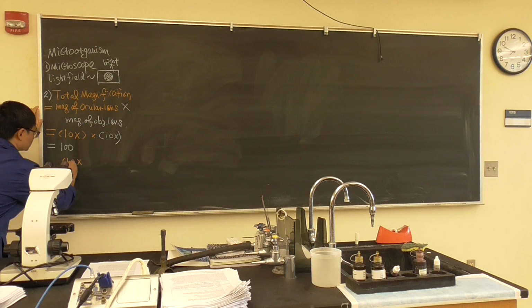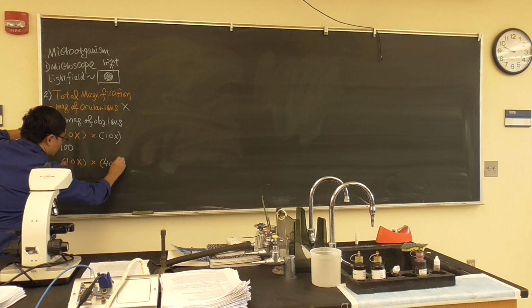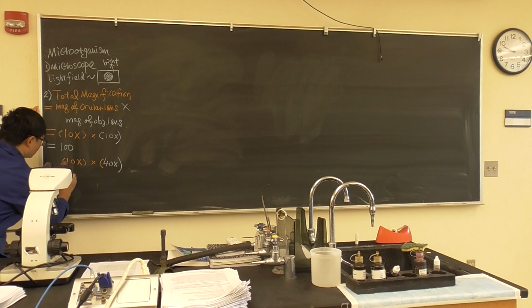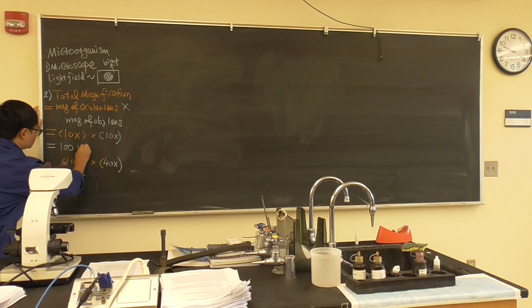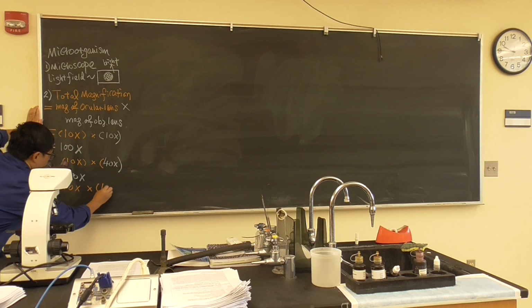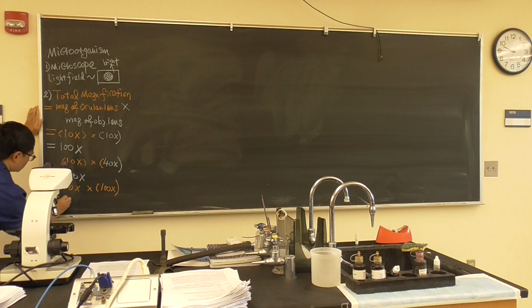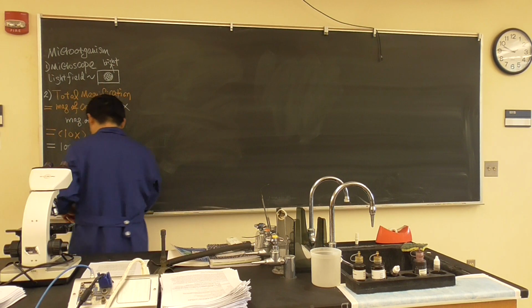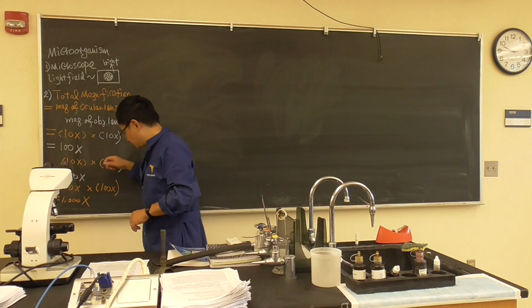It will be 10x multiplied by 40x, then equals 400x. Is that right? If your objective lens is 100x, so what's the total magnification? It will be 10x multiplied by 100x, so equals 1000x. So that's the first thing, total magnification. Okay, that's a very easy but a very important concept.